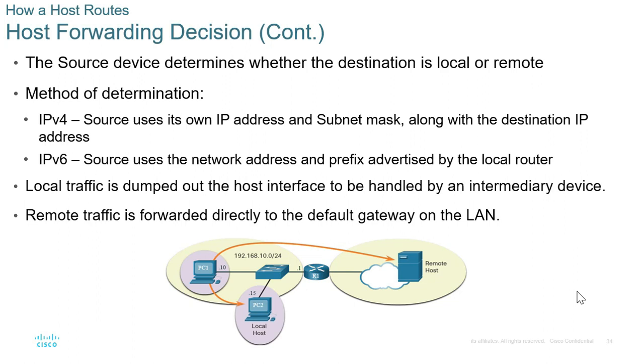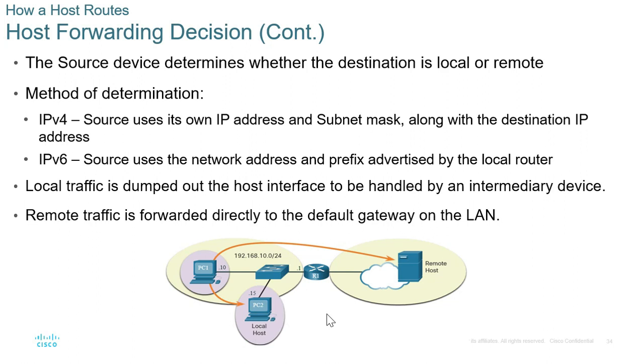Kalau network address dia berbeza, jadi itu maksudnya destination network tu adalah a remote network. Kalau dia berada di dalam local, dalam network yang sama, dia hanya paskan kepada switch sahaja. Okay, so switch ni akan handle the forwarding of the packet to the correct device in the same network.